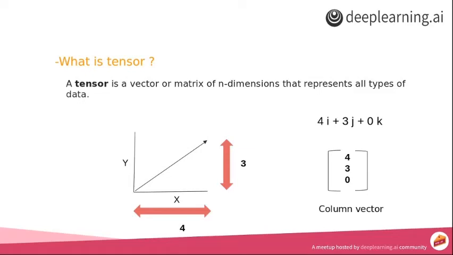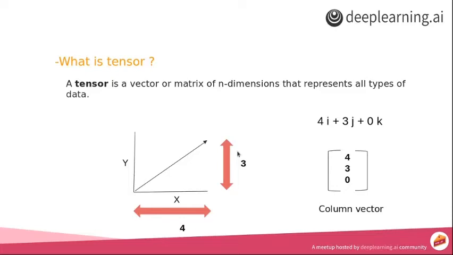What is a tensor? A tensor is a vector or a matrix of n dimensions that represent all types of data. Let's assume this is a vector A. To get from the base of the vector to the tip of the vector, how far do I need to go in the x direction and how far do I need to go in the y direction?